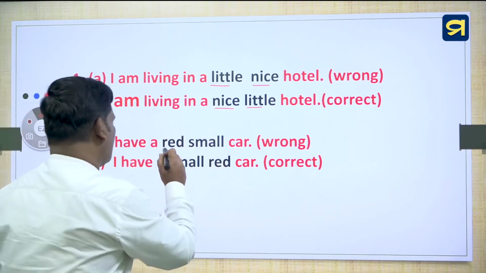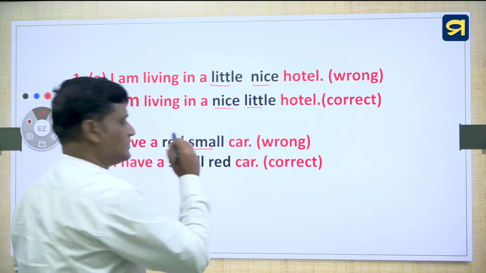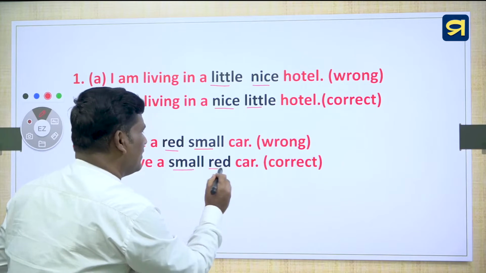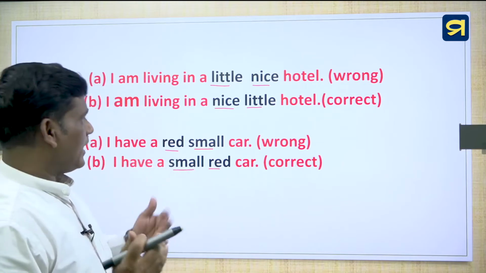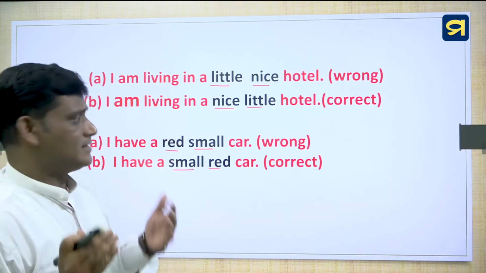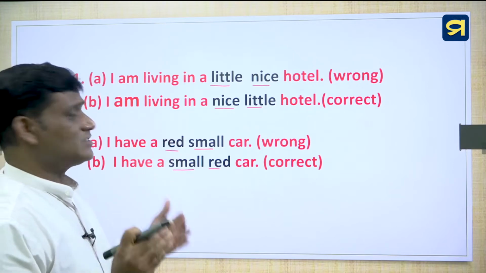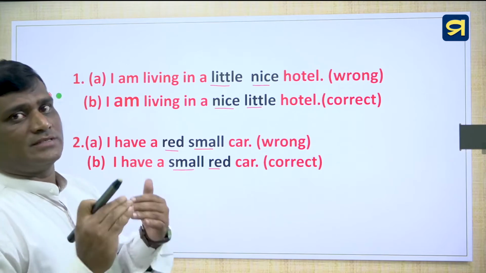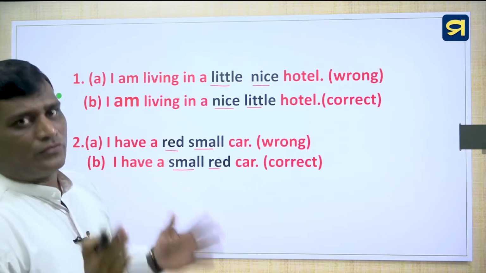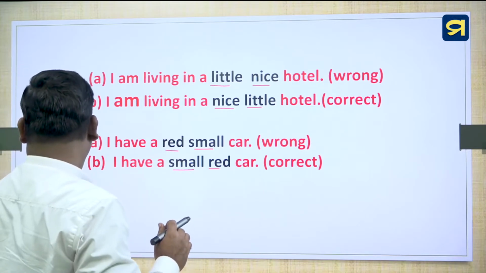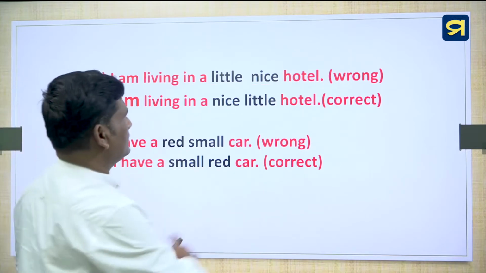Two adjectives are here, red and small. In the second, the same adjectives are there, but their position is different. I have already told you, we can use multiple adjectives in a sentence, but they must follow a certain order. It must follow a certain sequence. Then only its meaning will be accurate. Okay, now we will go to the next slide.